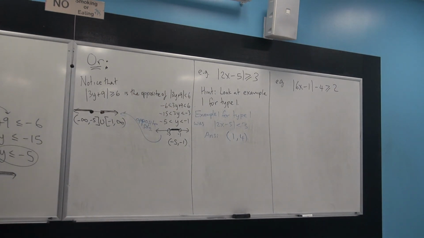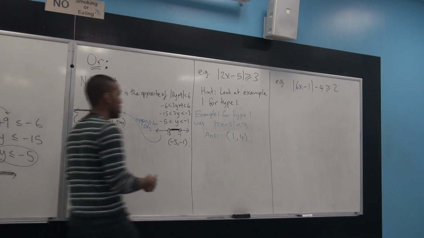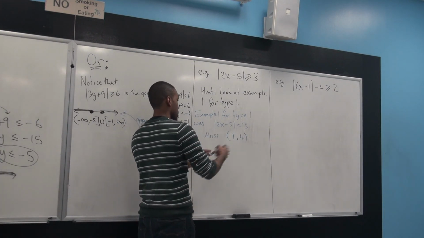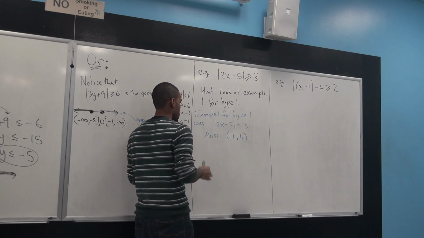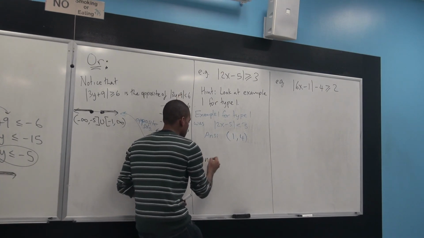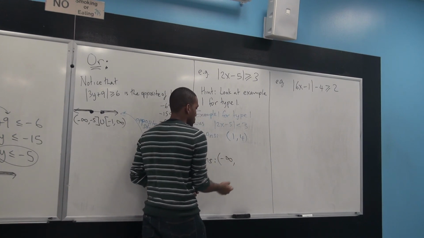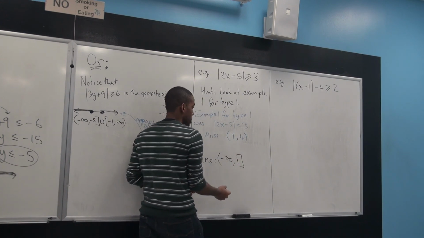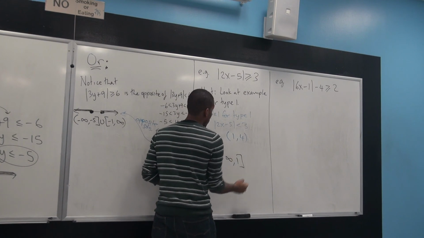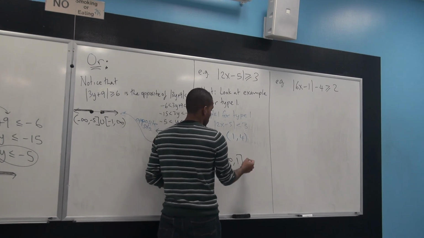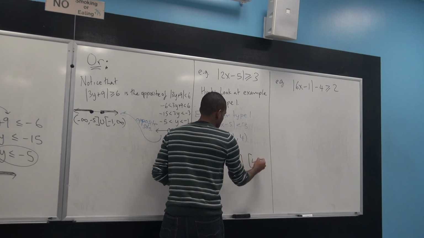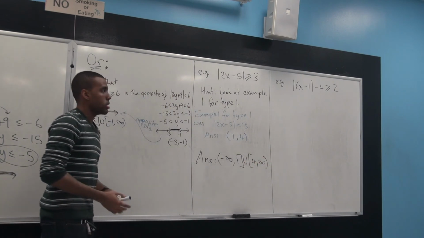What do you think the answer for this one is? Without doing any calculations, what would you say it is? So negative infinity. So the answer here is going to be minus infinity up to bracket 1, but include 1 this time. Yeah, what else? Then bracket 4, then positive infinity. And you put a union in between, right?